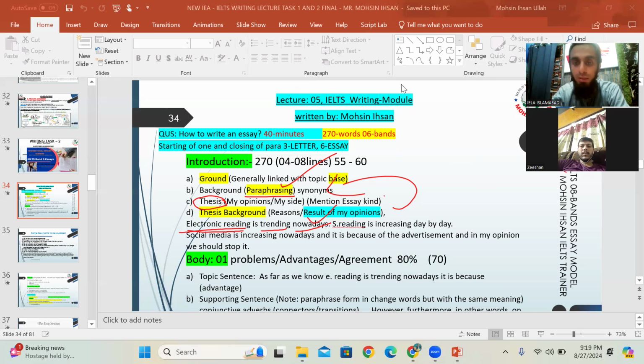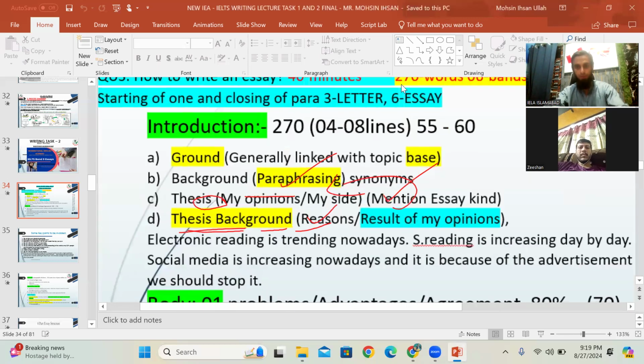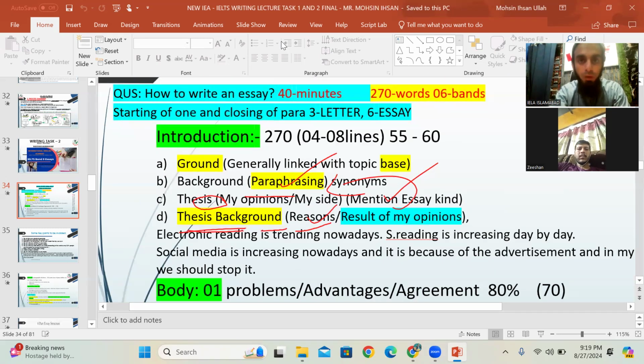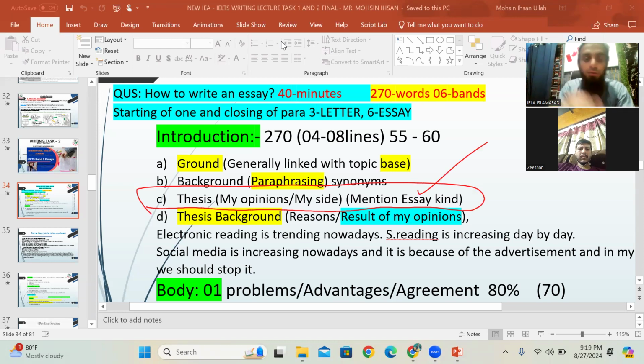You have to write it in the third step of the introduction. Sorry, the slide is a little small, and my pen is out of charge, that's why I'm writing on my finger. Within this third step, you have to clarify which essay is given to you and what essay you are following in your answer.